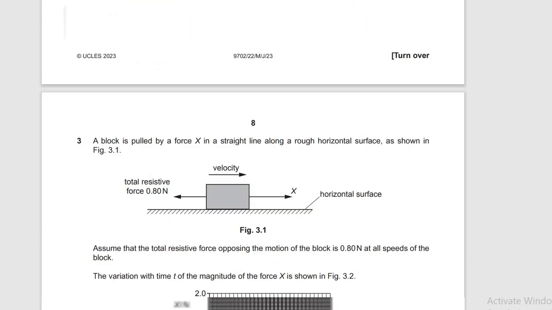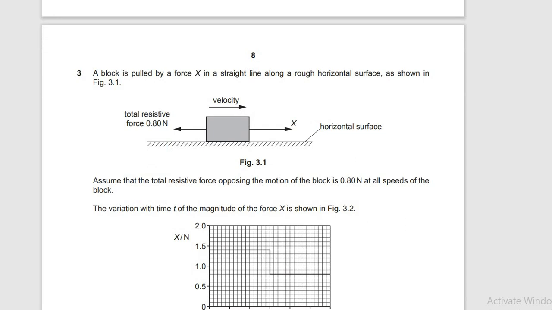Next question, number 3. A block is pulled by force x in a straight line along a rough horizontal surface as shown in figure 3.1. Assume that the total resistive force opposing the motion of the block is 0.8 Newton at all speeds.